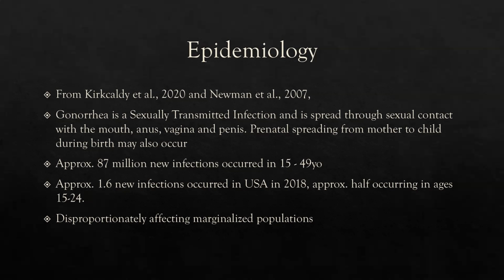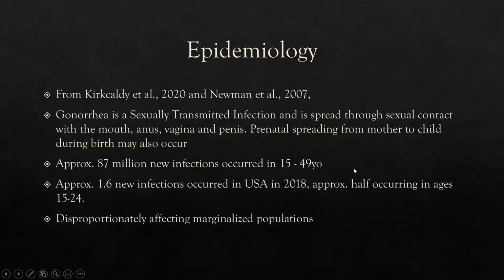Continuing, we see that gonorrhea is disproportionately affecting marginalized populations, these populations being young adults, those in low income, and among sexual and gender minorities, as well as racial and ethnic minorities and indigenous communities, as well as sex workers. So that is where we're seeing the brunt of the occurrences.